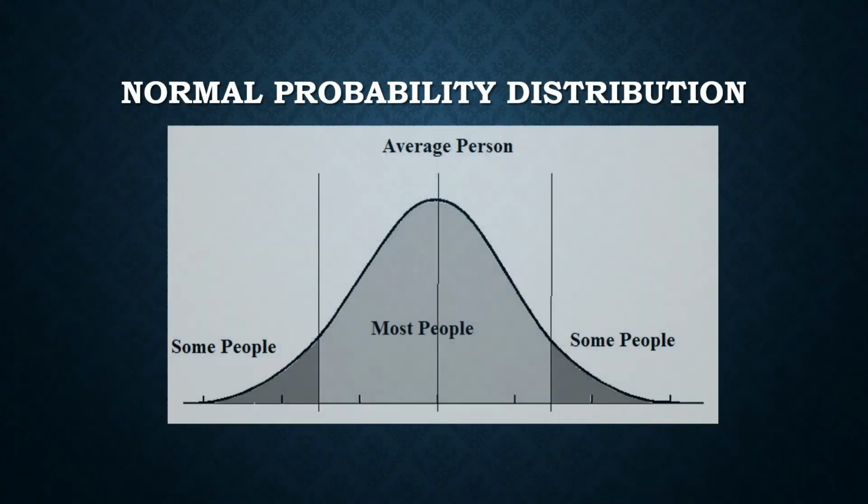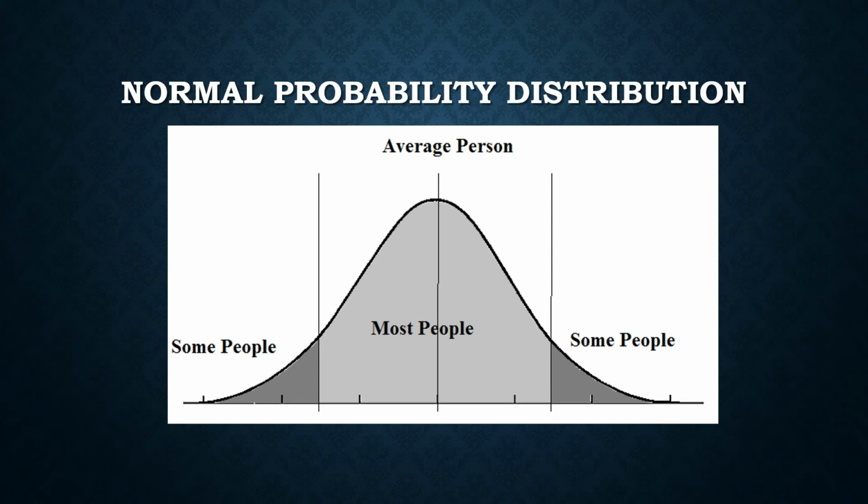How shall we interpret the normal probability distribution using the things that we see around us? Let's say, for example, we are interested in knowing the weights of male college students in your school. There is an average weight for all men in your school.